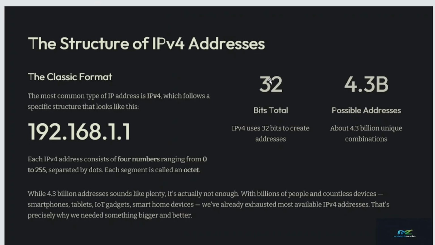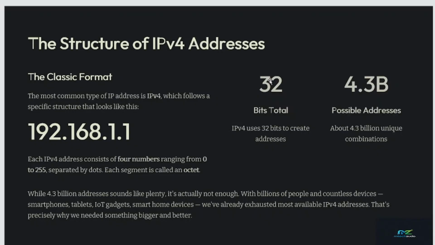The structure of an IPv4 address. Now, an IP address isn't random. It follows a structured format. The most common type is IPv4, which looks something like this: 192.168.1.1. It's made up of 4 numbers, each between 0 and 255, separated by dots.